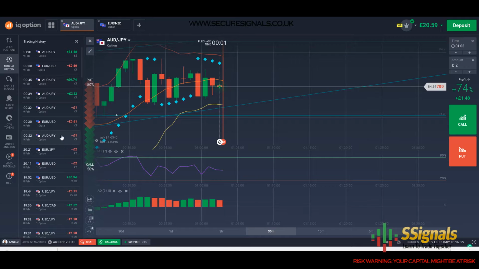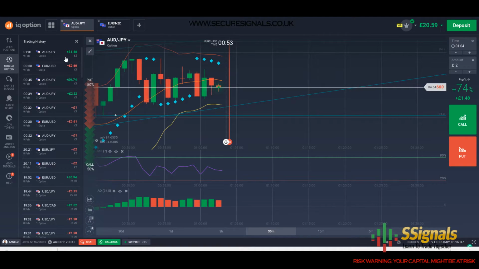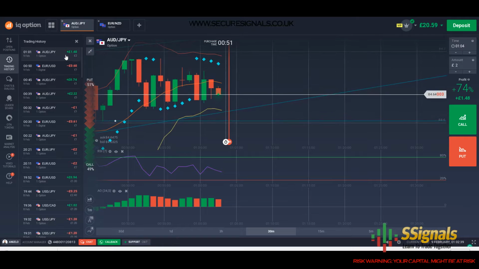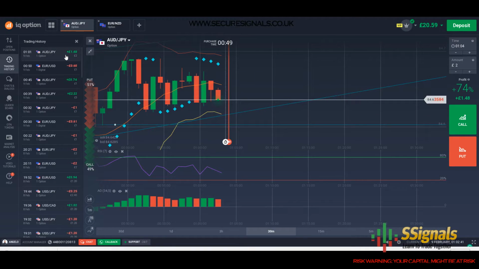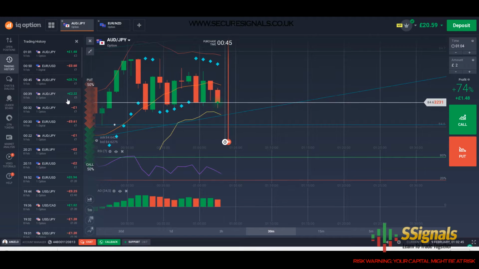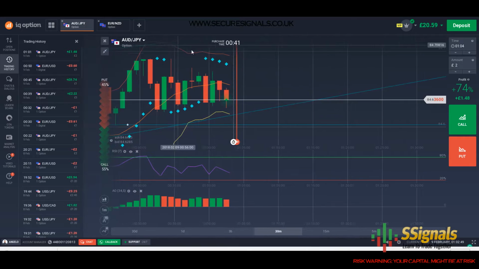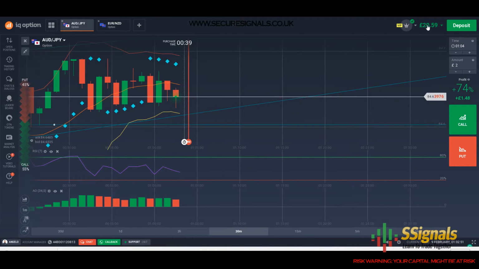Okay, so tonight so far, £1 short, £2 short, £3.20 short, and we've made about £2.10. Okay, so as you can see, we've recovered our money.